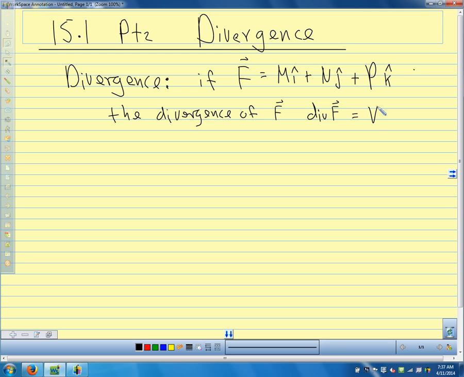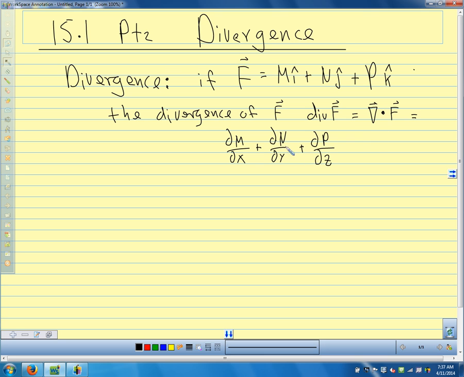What we're going to do to produce this is the dot product del dot f. And this is going to be the partial of M with respect to x plus the partial of N with respect to y plus the partial of P with respect to z. So we're taking the dot product of our vector operator, our del operator, with our vector field.